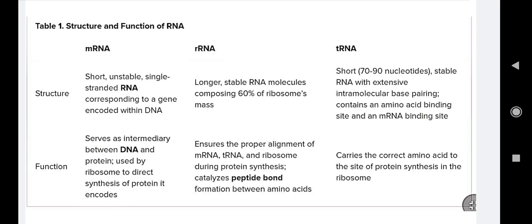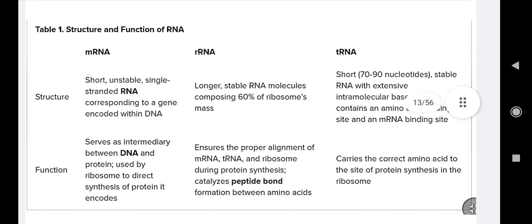So it is acting as a template for the synthesis of protein, because the ultimate aim of our central dogma is to create protein from that particular DNA that has that information. So RNA is acting as a mediator. It is transcribed from the DNA and translated to form the protein.